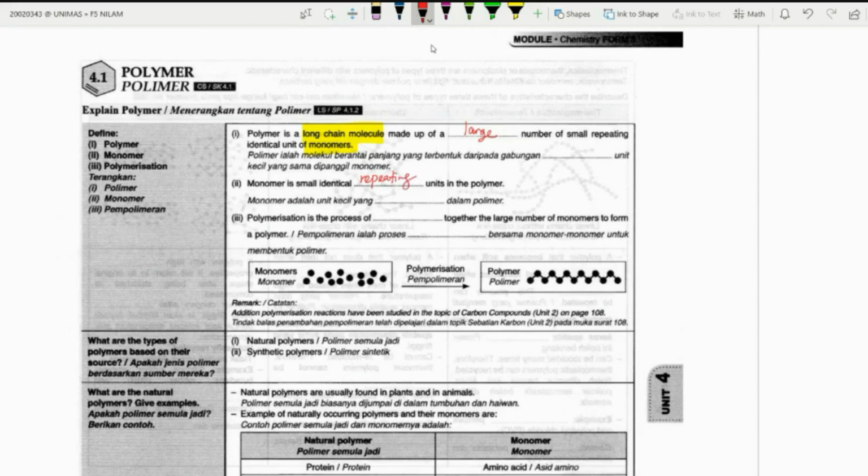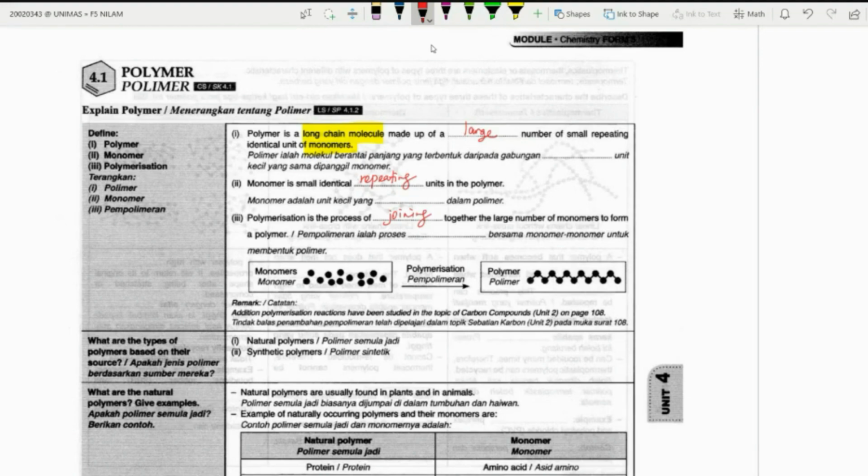It repeats many times, sometimes a few thousand times, or a few hundred thousand also possible. Then how do we combine the monomers together? It undergoes polymerization, which is a process of joining together a large number of monomers to form a polymer.